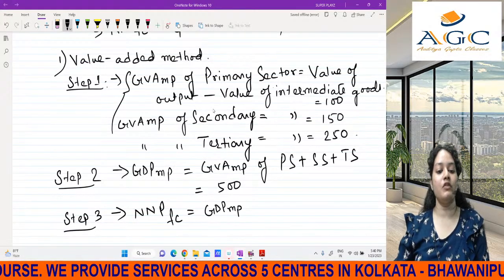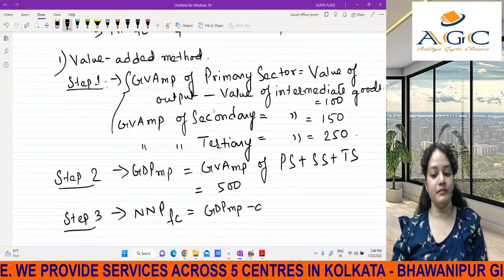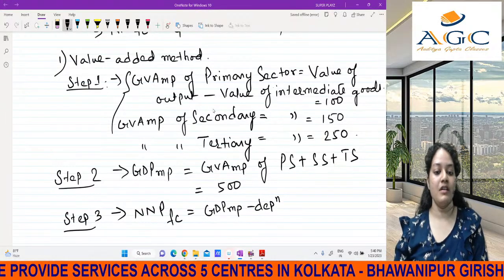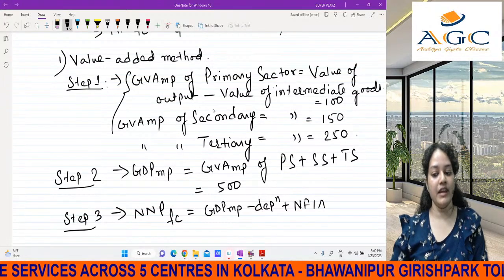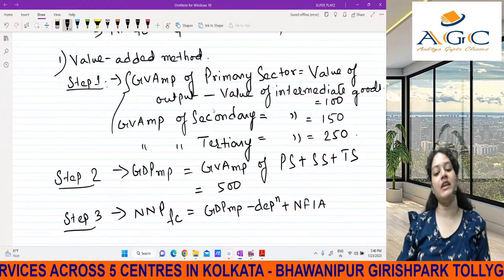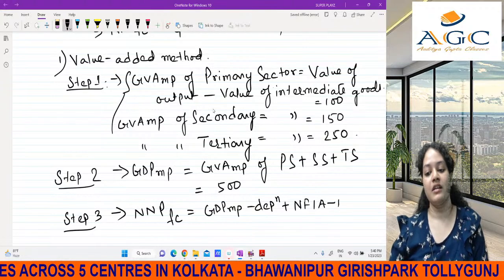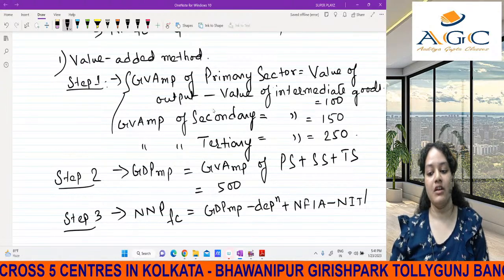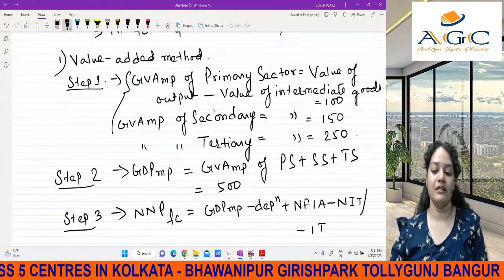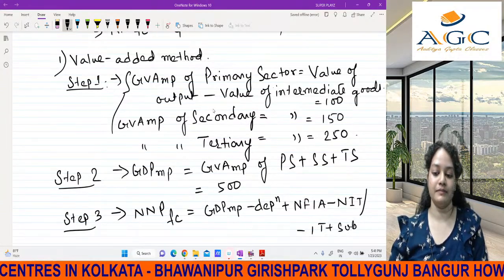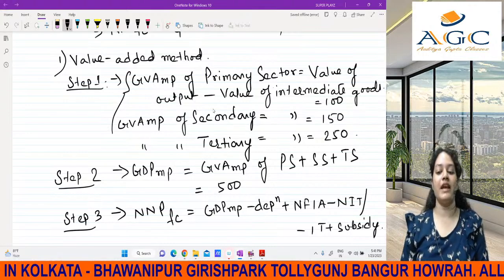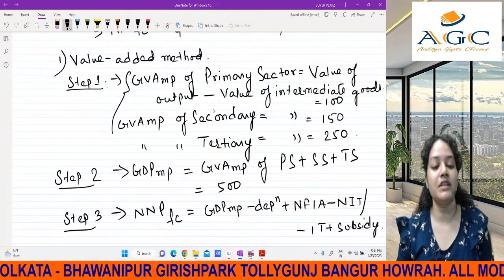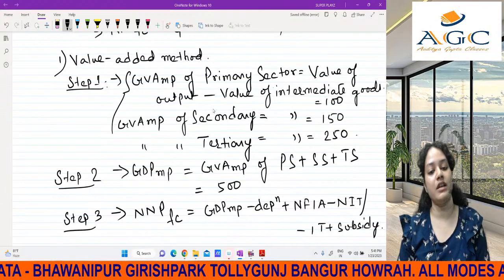GDP-MP, from gross to net minus depreciation, from domestic to national plus NFIA, and from market price to factor cost minus NIT, or minus indirect tax plus subsidy. So that would be it. These are the three simple steps that you have to follow while doing the value added method.